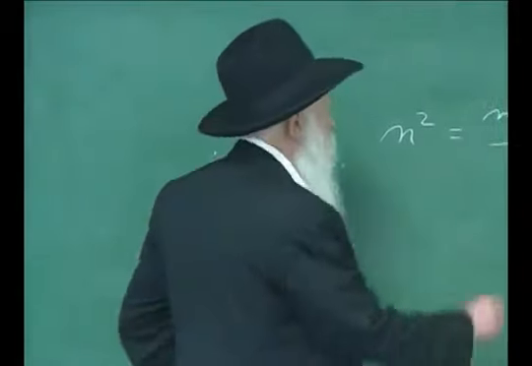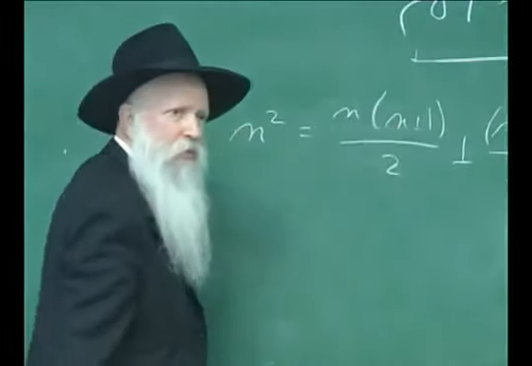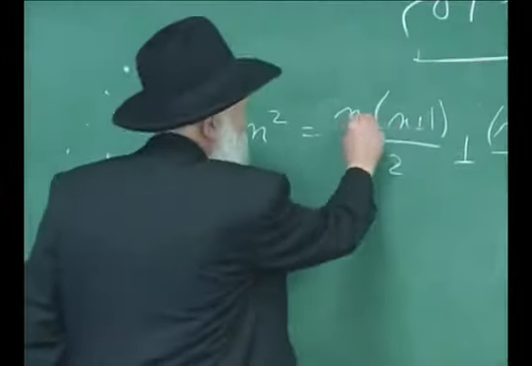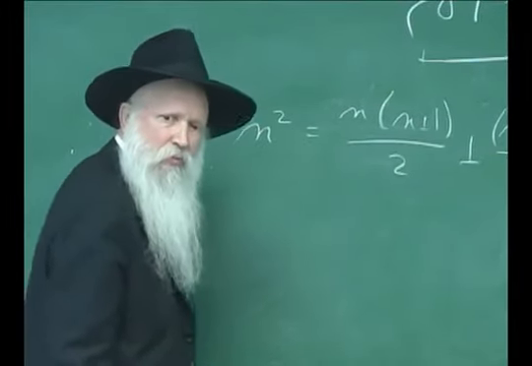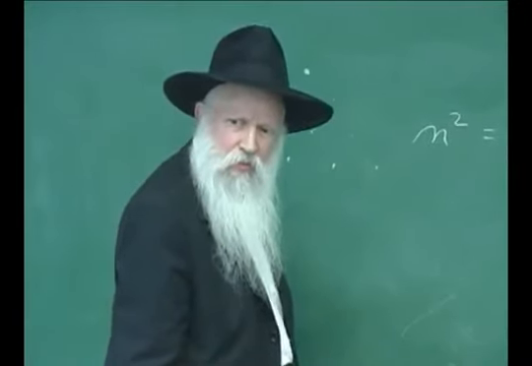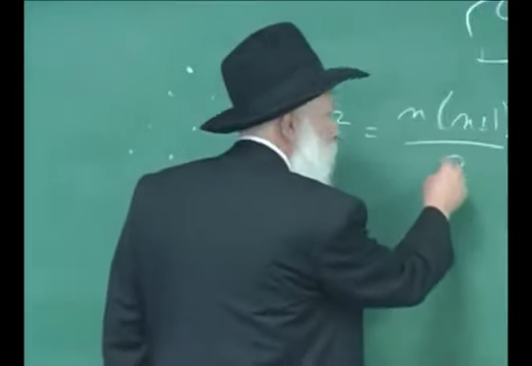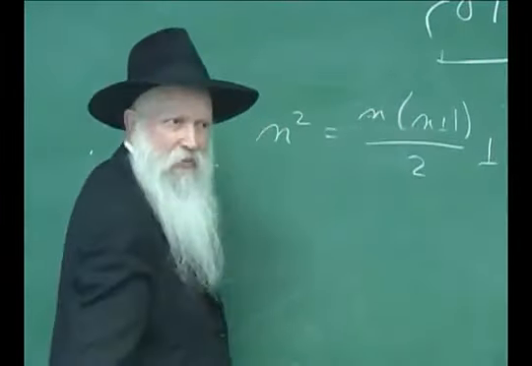Yes. Right. What is this? N times n plus 1, just the top. If I want to open this up, how do I write n times n plus 1? N squared plus n. They haven't gotten to that yet.